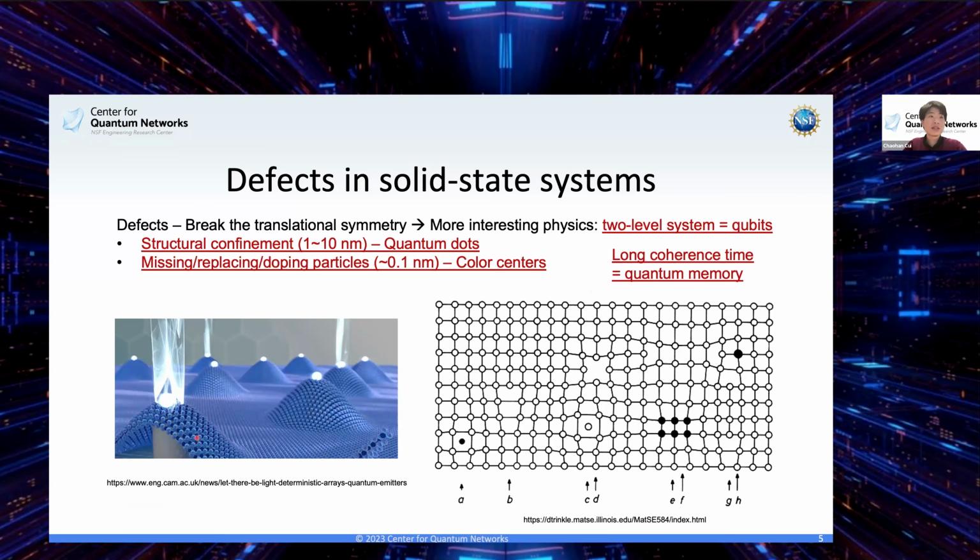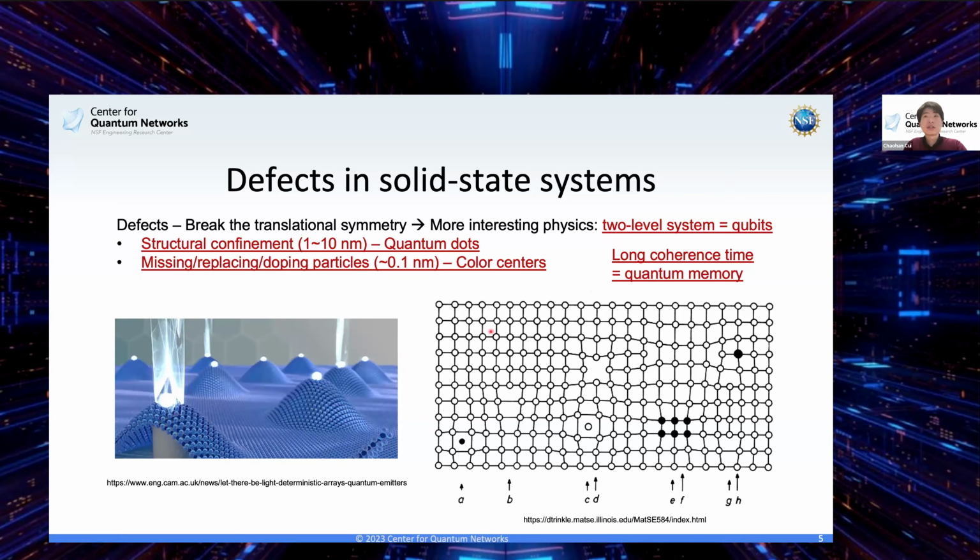If you look here, this is the structural confinement formed by making tiny structures on your crystal. This is called quantum dots. A little structure formed by hundreds or thousands of atoms will actually trap electrons there.